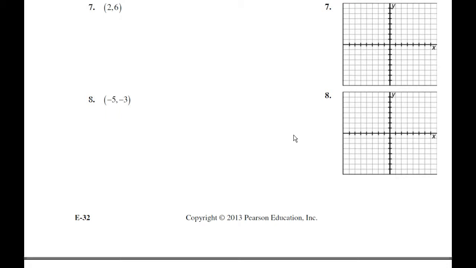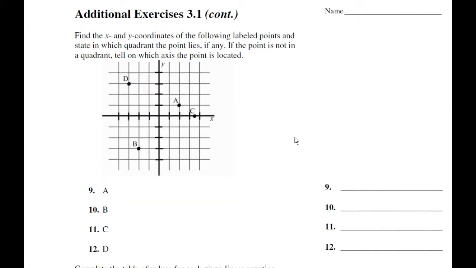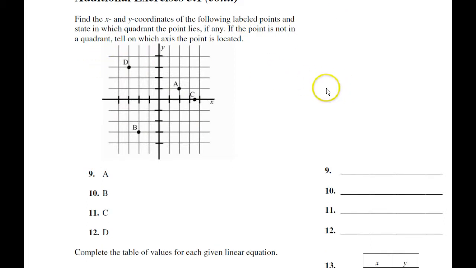And let's go on. So, what they're asking us here is to find these various points and list the coordinates and to tell what quadrant it's in. Okay, we had a little review of that just now.